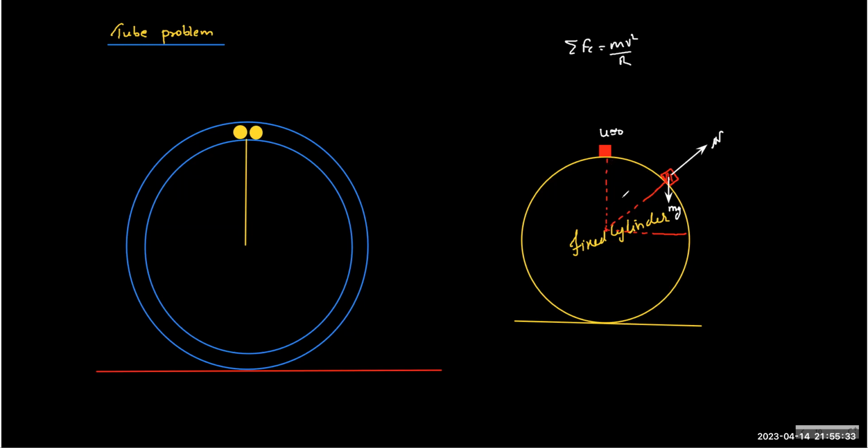But as you come down by theta angle, what is the net force acting towards the center? mg cos theta minus N. N is how much?